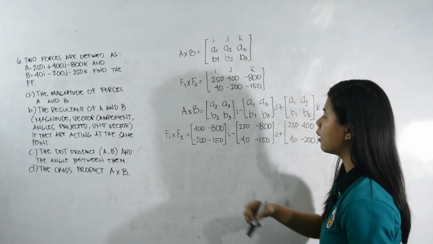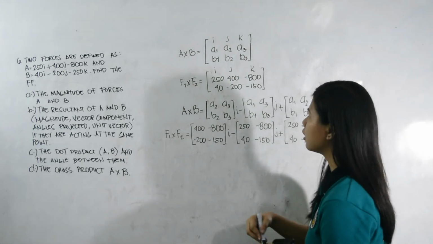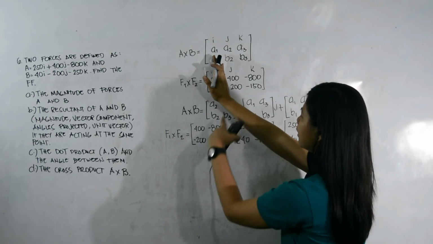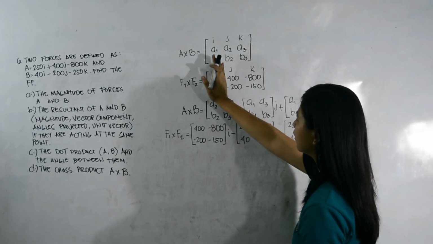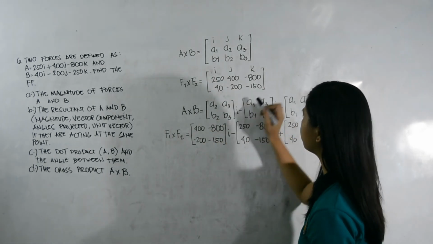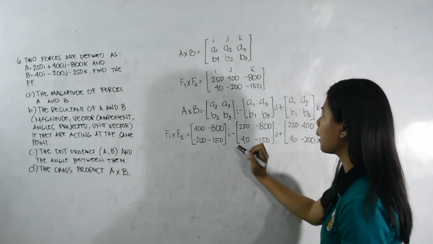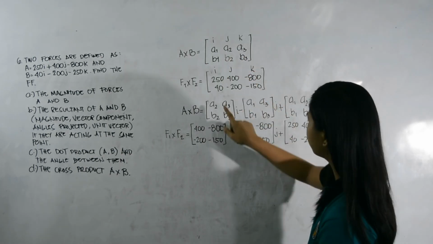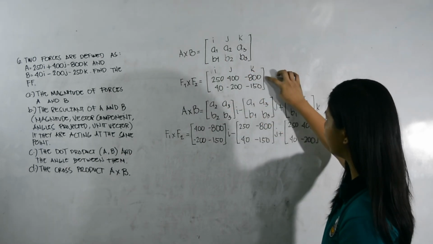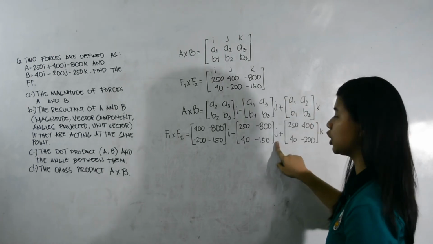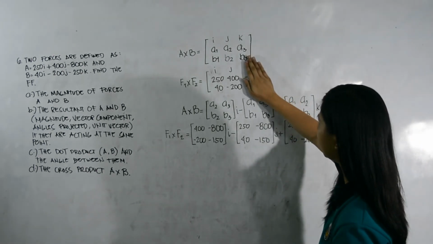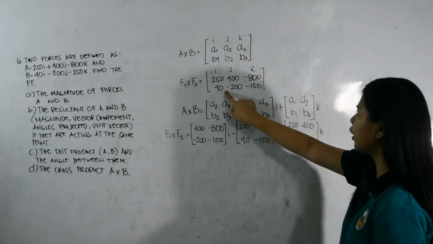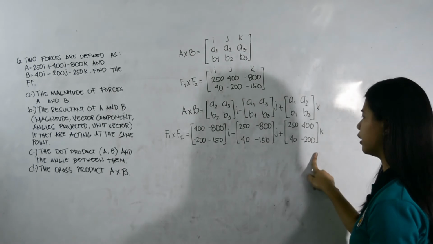So for getting the cross product of I, we have 400, negative 800, negative 250, and negative 150 times I, minus, for our J, we have 250, 40, negative 800, negative 150 J, plus, for our K, we have 250, 400, 40, and then negative 200.